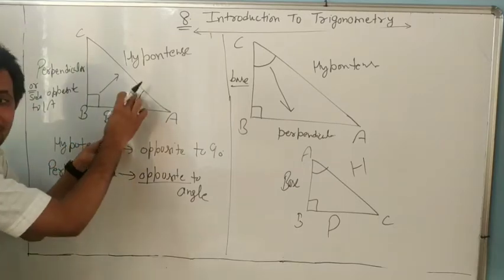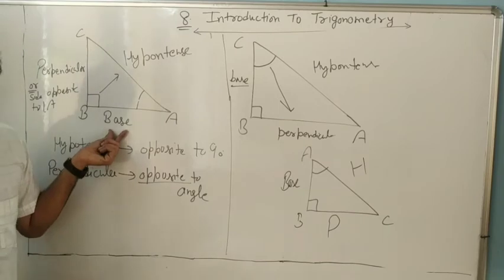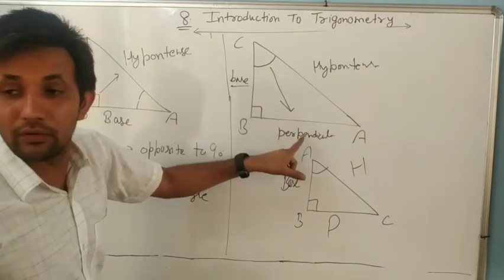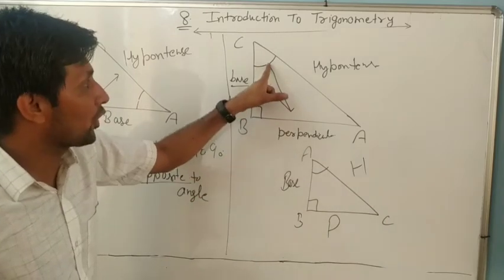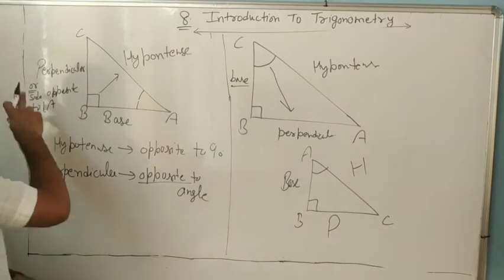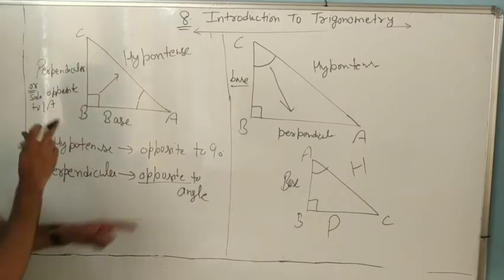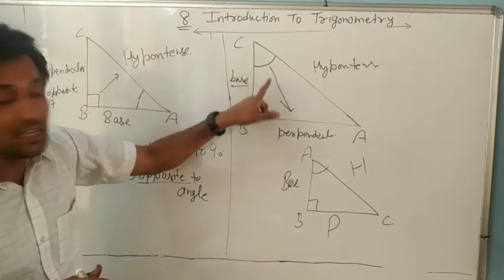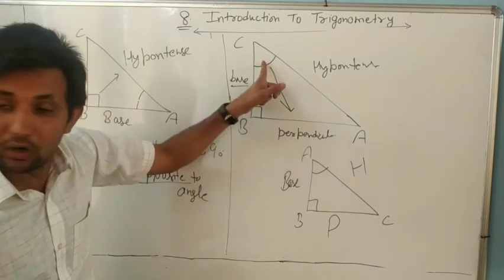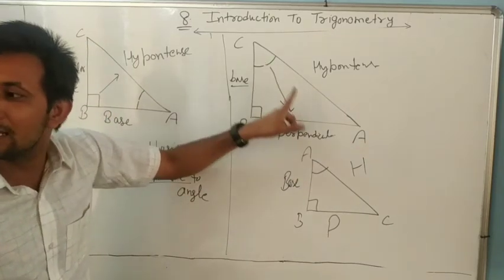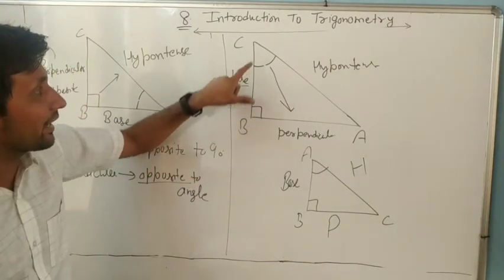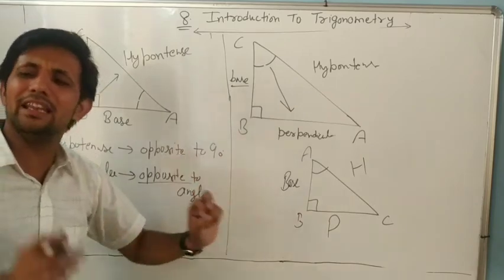Side adjacent to angle A. Same as before, hypotenuse is opposite of 90, and opposite of angle is always perpendicular, or perpendicular means side opposite to the angle. What angle are we taking here? See? So perpendicular you can say is the side opposite to angle C, and the base is the side adjacent to angle C. So any name you can give.